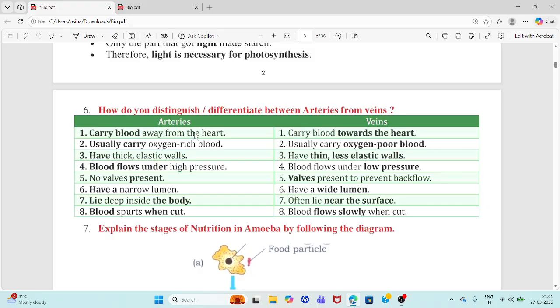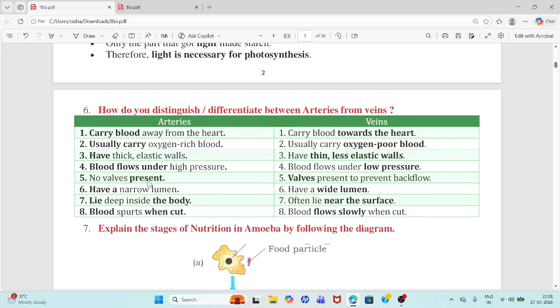Arteries usually carry oxygen-rich blood, veins usually carry oxygen-poor blood. Arteries have thick elastic walls, veins have thin, less elastic walls. In arteries blood flows under high pressure, in veins under low pressure.